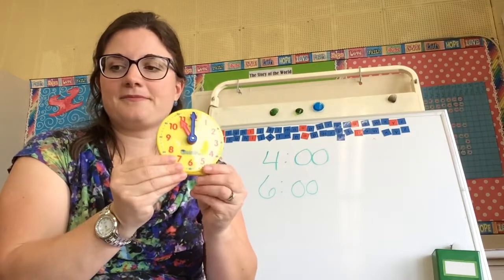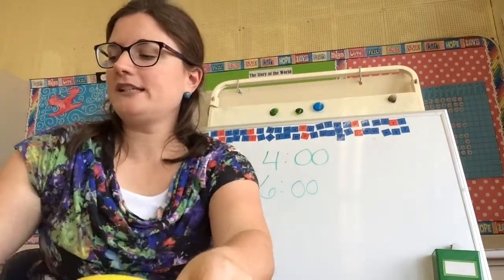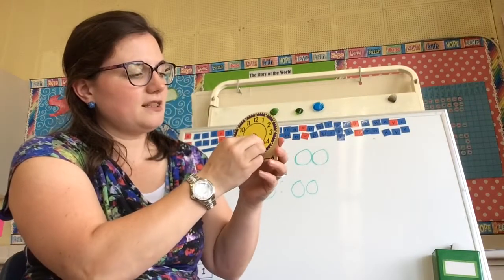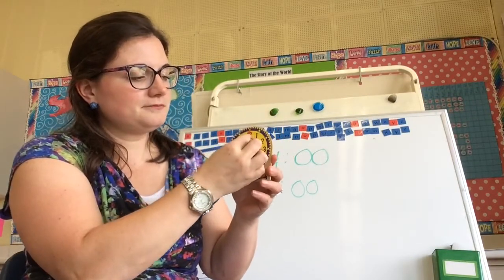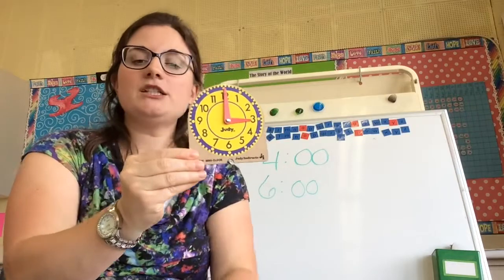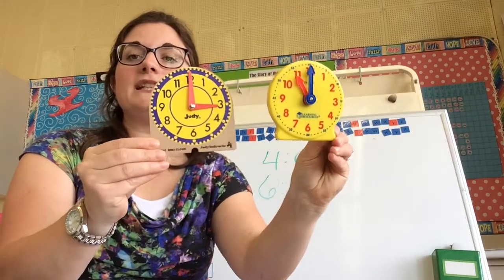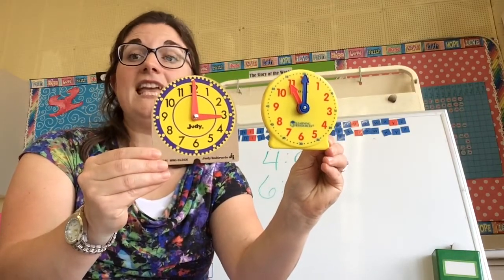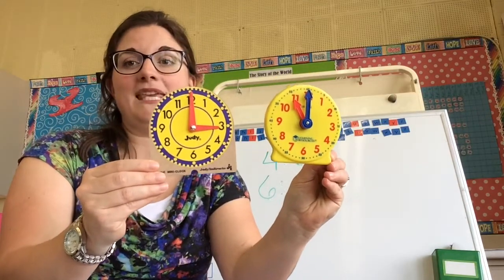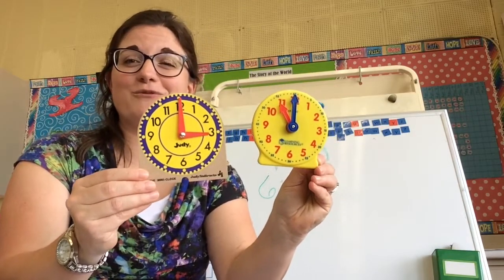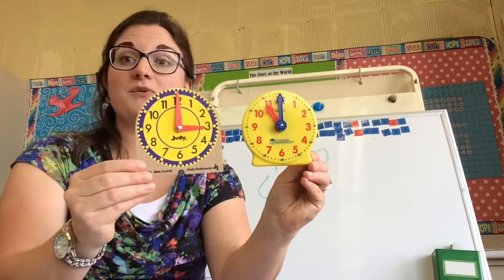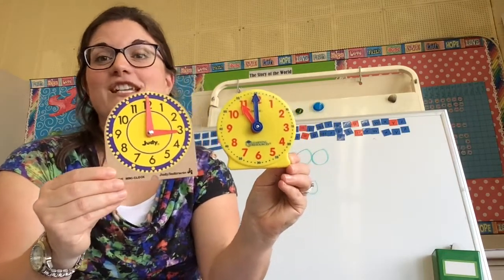Okay? Then we're going to set this one for 3 o'clock. And I want to see how much time passes from 11 o'clock until 3 o'clock. So maybe 11 o'clock in the morning, we're just doing our read aloud, until 3 o'clock, where we're doing our handwriting, where we're almost at the end of our day.